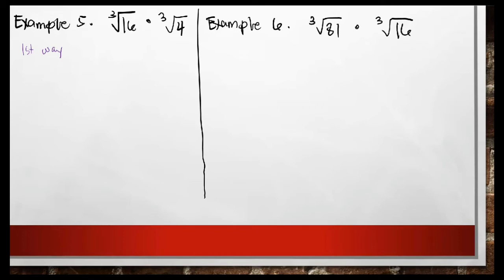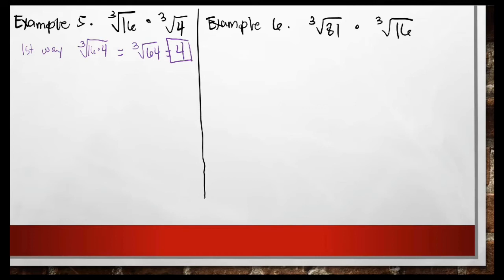So, therefore, we have here the cube root of 16 times 4. So, it is equal to cube root of 64. So, since 64 is a perfect cube, therefore, cube root of 64 is equal to 4.